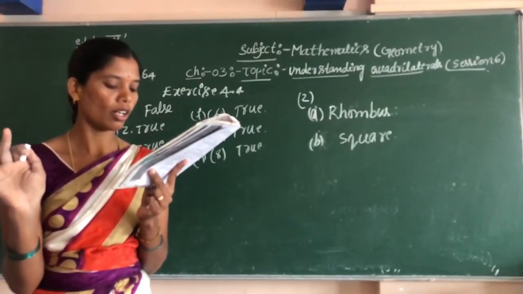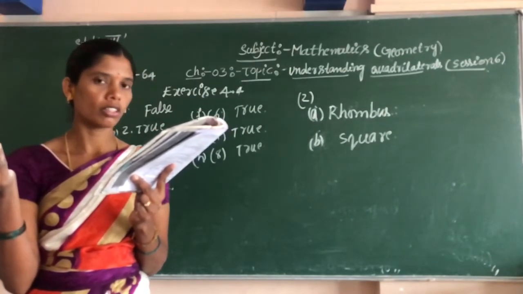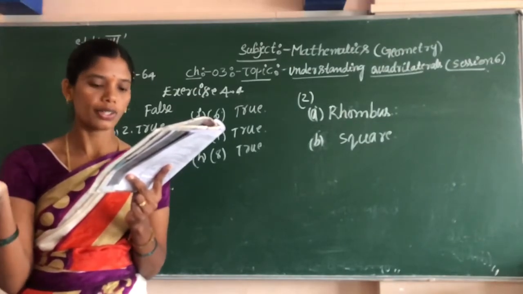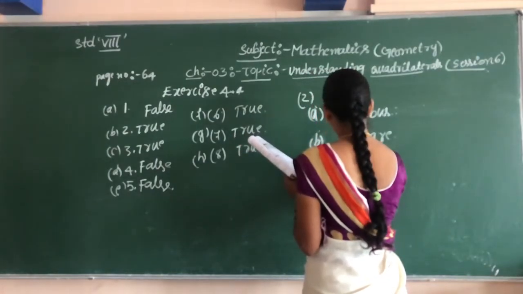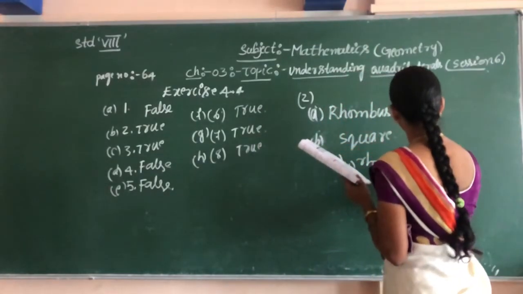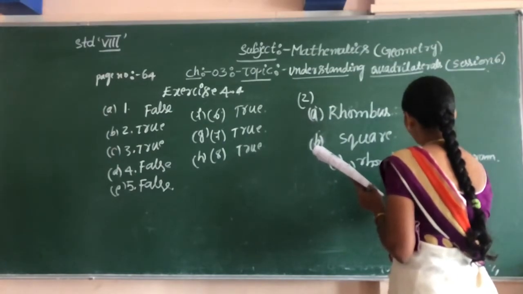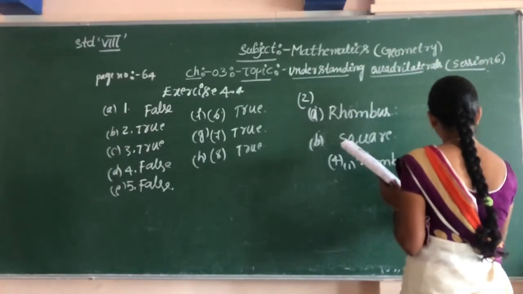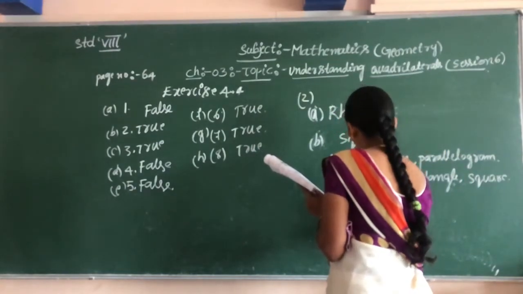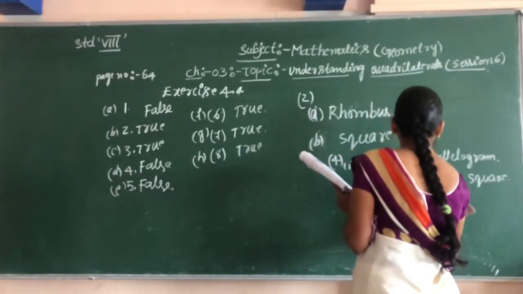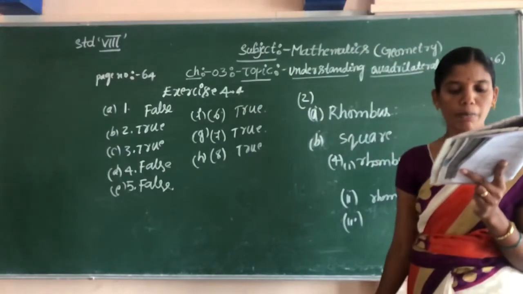Now next, name the quadrilateral whose diagonals bisect each other: rhombus, parallelogram, rectangle or square. In the second one, the diagonals are perpendicular bisectors of each other.